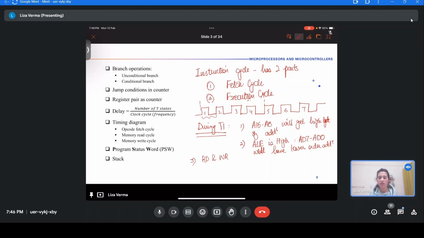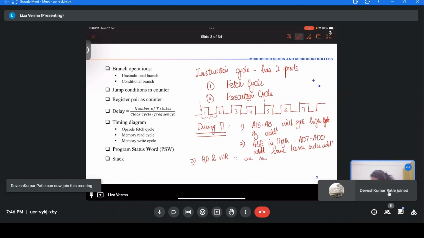That doesn't really matter because the microprocessor is not going to operate on anything. It just fetches the address, which gets latched.